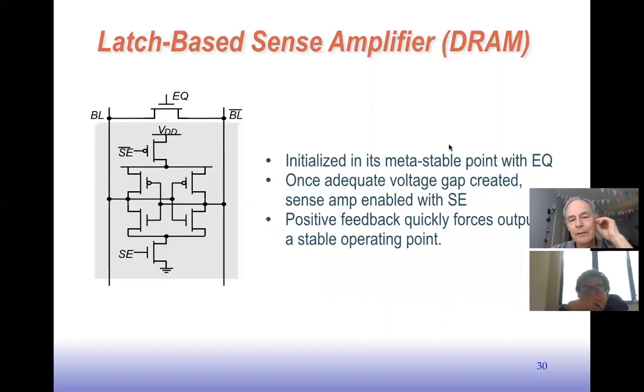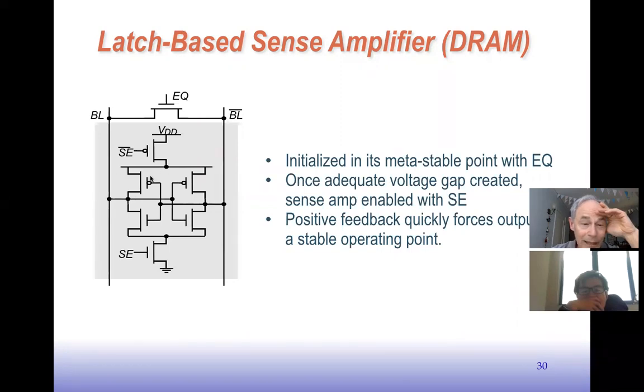You could use a similar sense amplifier to what was done in the SRAM, but since these bit lines are equalized and set to VDD over 2, we can use another circuit that's a little more effective and also acts like a latch. This looks like a pair of cross-coupled inverters, right?